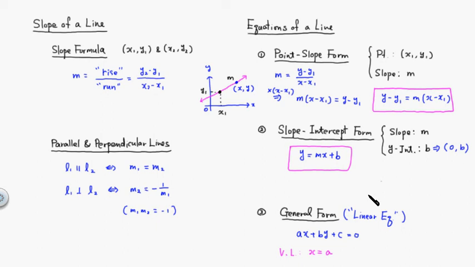This is called the general form. The first two forms can be rewritten in the ax plus by plus c equals 0 form. All right, that's it. I hope that this was clear.